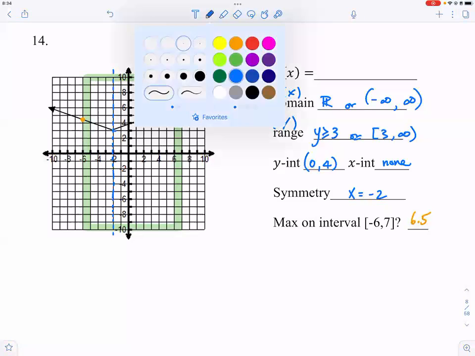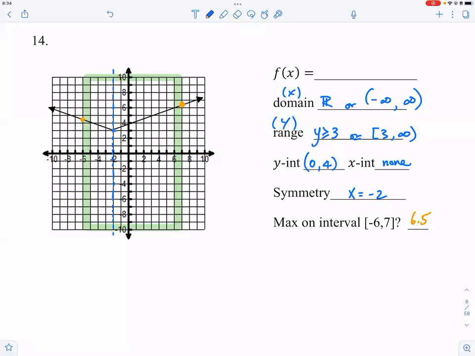Now, what about the equation? Let's go back to the equation. The original function, the parent function, is like this. And by now we should have a bit of understanding on how we do the transformation. So for this absolute value graph, it moved to the left for 2 units. It went up for 3 units.